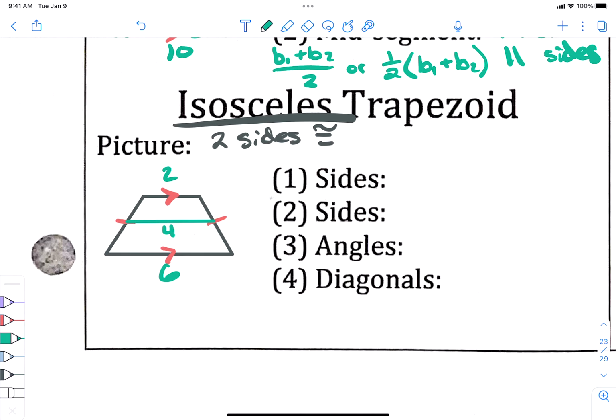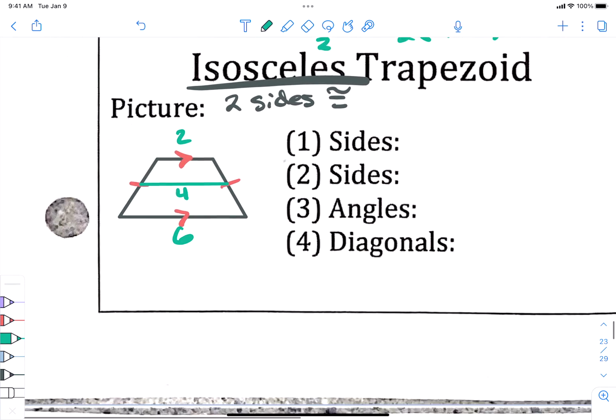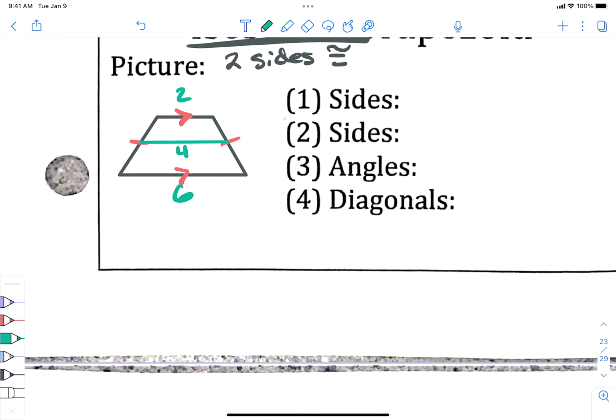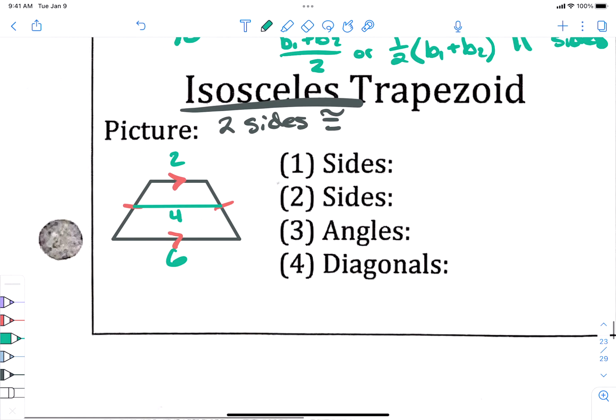The mid-segment is always going to be the average of the two parallel ones, right? So it doesn't matter that this one's isosceles versus just a regular old trapezoid. All right, so let's talk about the sides of an isosceles trapezoid. We've marked him already. He has one set of parallel sides. What else do we know about the sides?